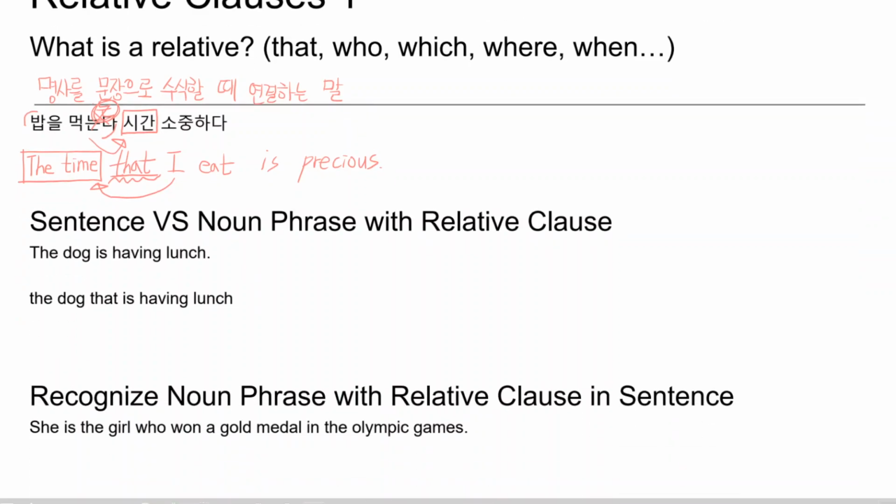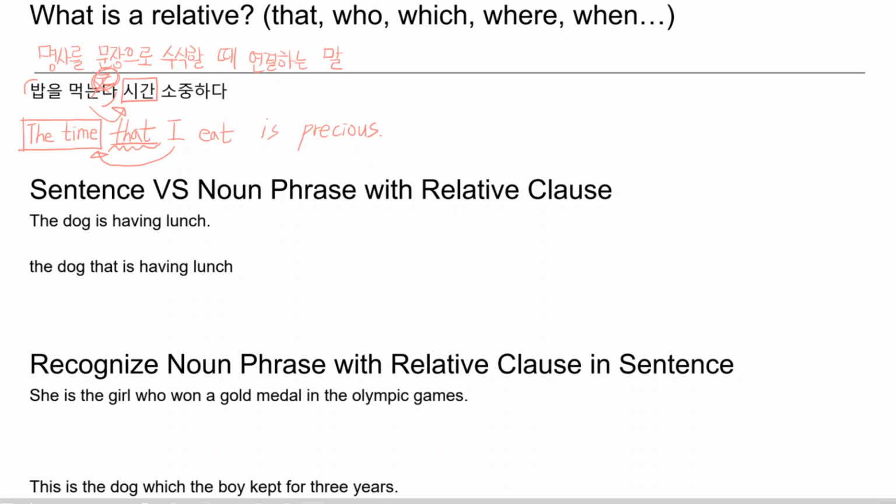So when we look at a relative, we sometimes misunderstand that it is a sentence. Here I want to compare a sentence and a noun phrase with relative clause. When it's a sentence, it is 걔가 점심을 먹고 있다.